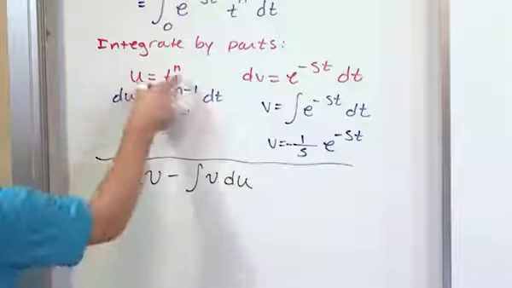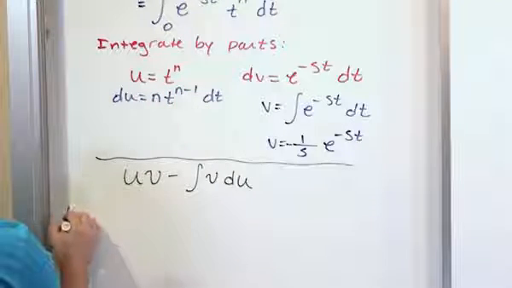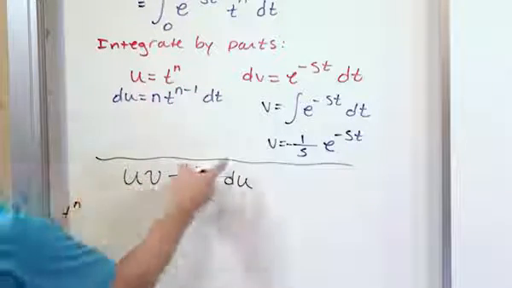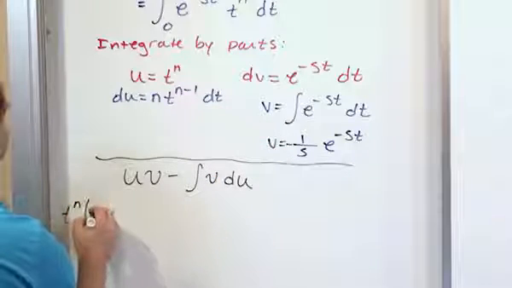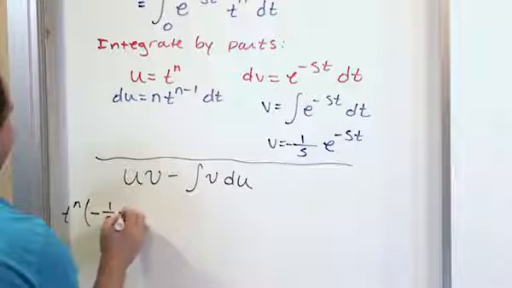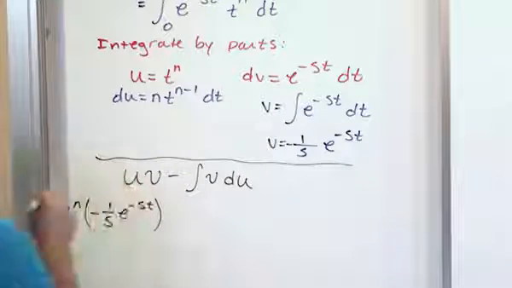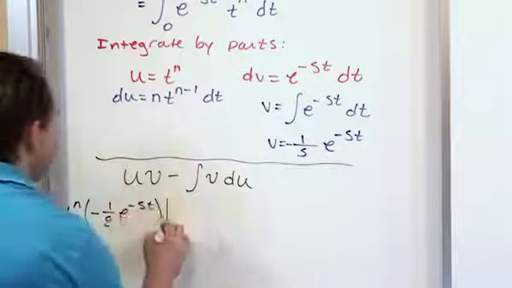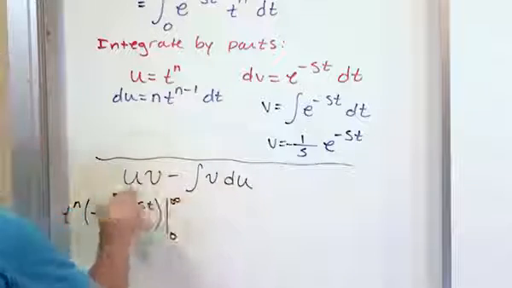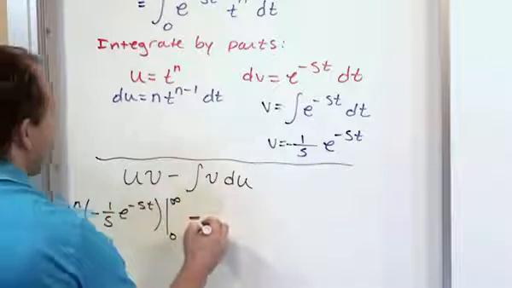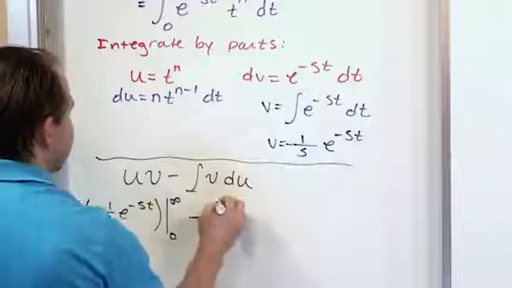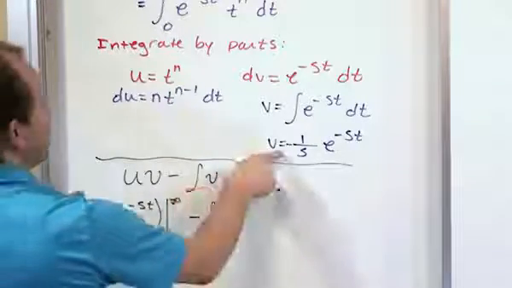So u is equal to this, so we're going to have t to the power of n. V is equal to this, so I'll open a parentheses, negative 1 over s e to the minus st, right? So it's u times v, but don't forget that you're still evaluating it from 0 to infinity. That's this part here. Then you subtract the integral, again going from 0 to infinity, of v, which we have here.